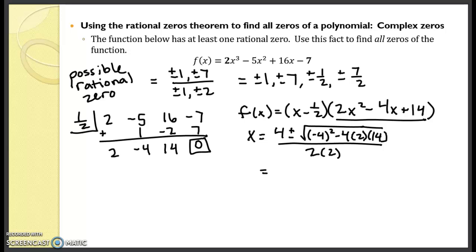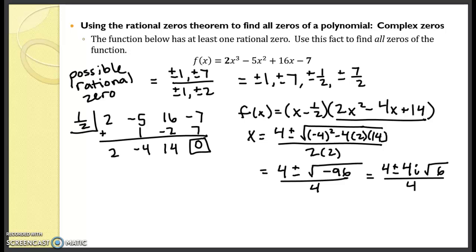We're going to end up getting 4 plus or minus the square root of -96 over 4. After some simplification, we'll get 4 plus or minus 4i times the square root of 6 divided by 4.